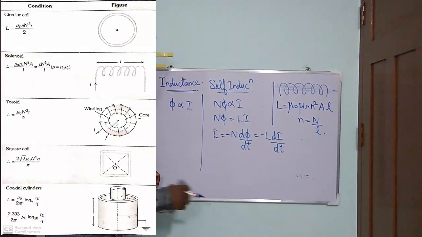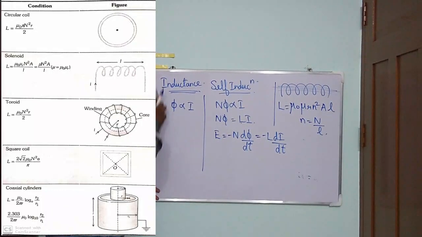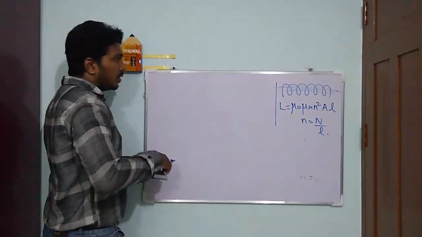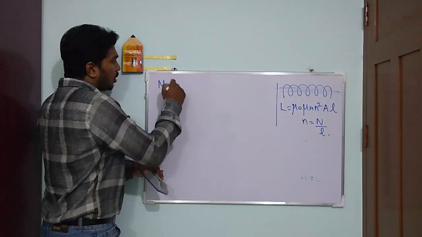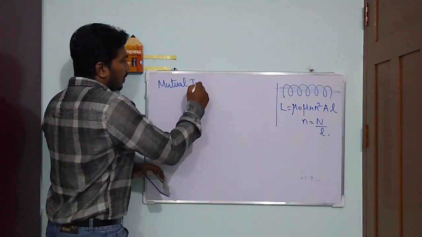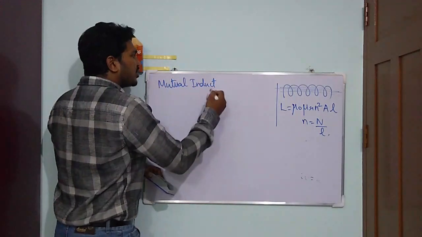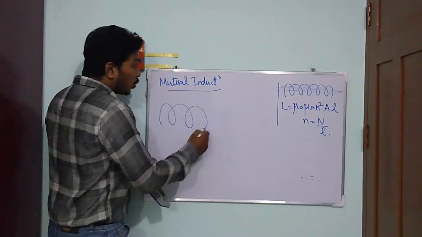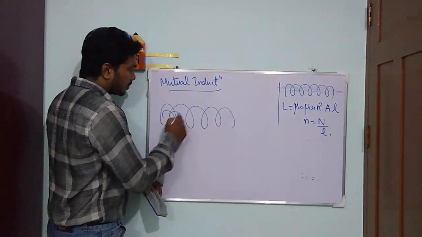Alright, now moving on to the next one, mutual induction. When you talk about that, the coils can be arranged in any fashion actually. Let me consider two coaxial coils.